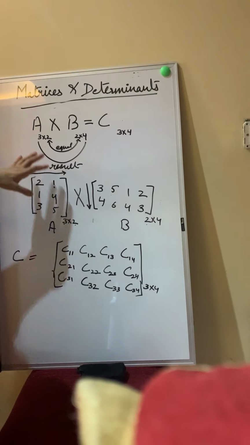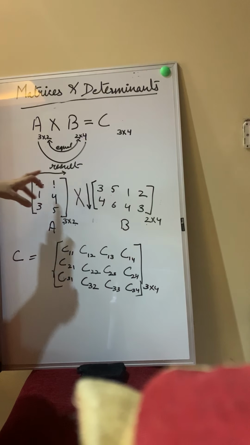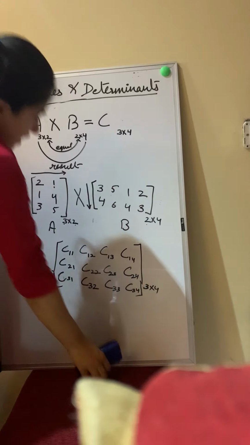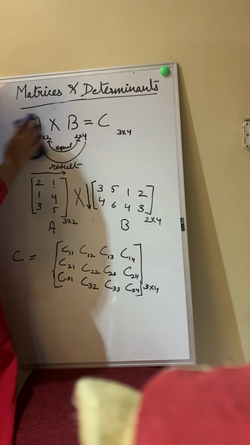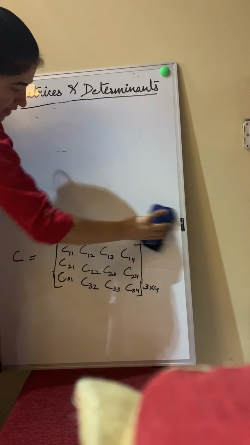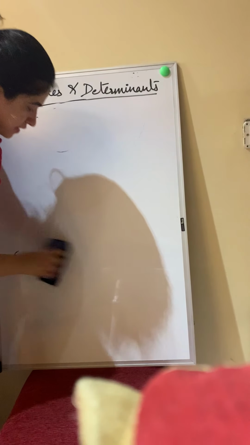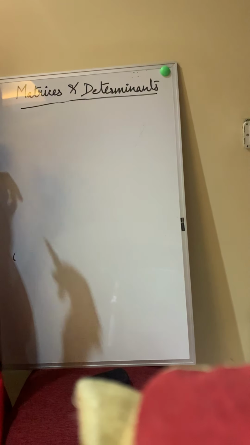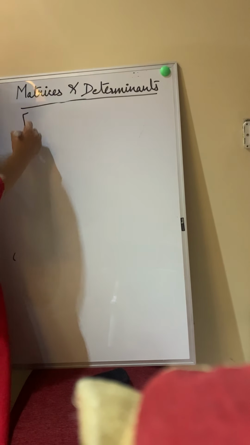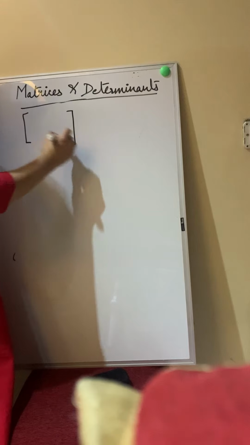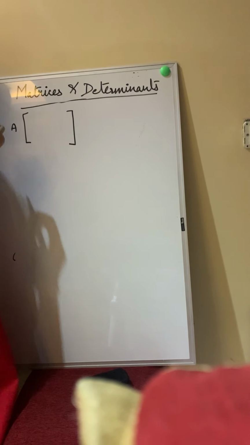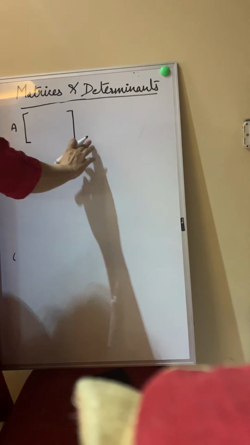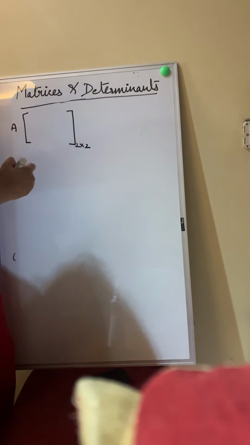Now, the rest is the multiplication of the elements. Now that's a little tricky one. Let's start. First, I am taking the first matrix A of order 2:2. Sorry, 2:2.